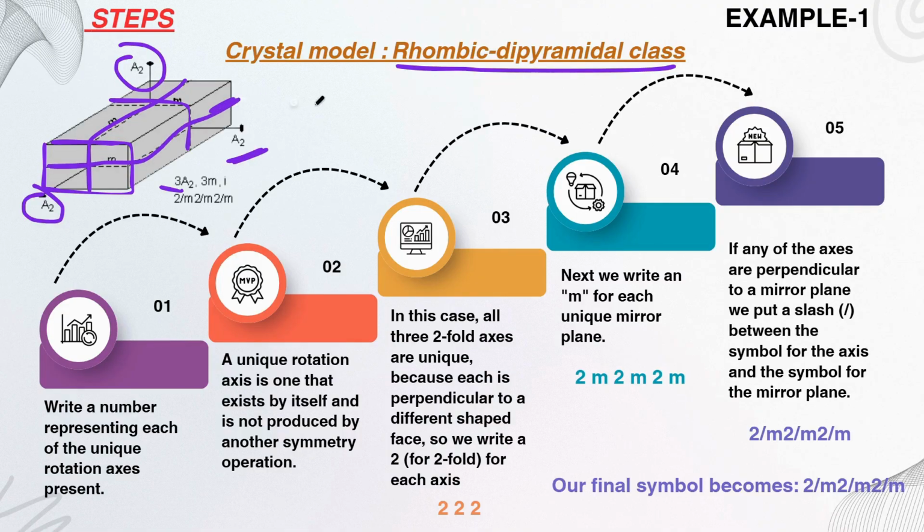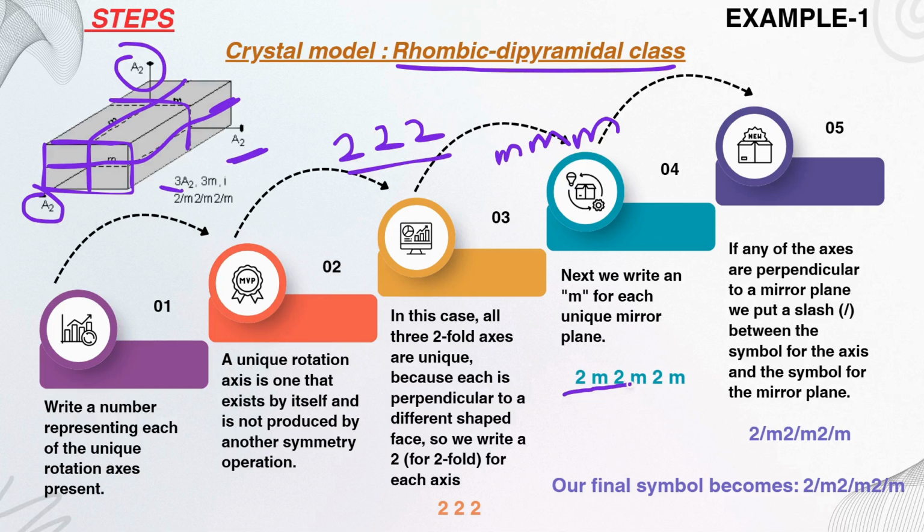So these are three mirror planes. So here we can say 2 2 2, that means three principal axes have twofold symmetry and also have three mirror planes perpendicular to these axes. Hence, regarding the perpendicularity, we have to check the relationship between the rotation axis and the plane of symmetry.